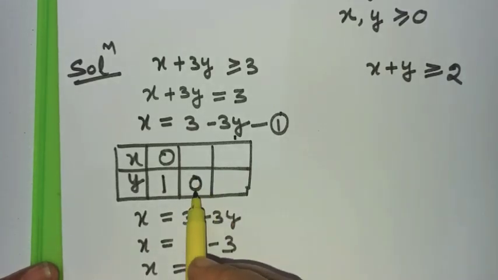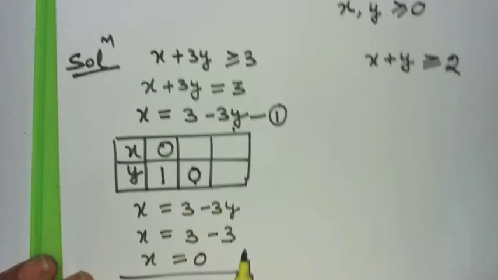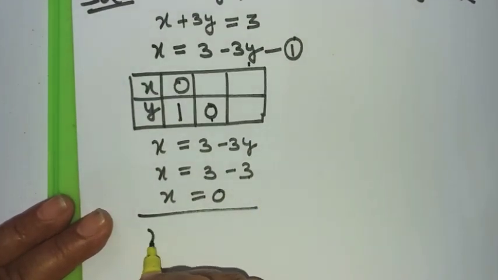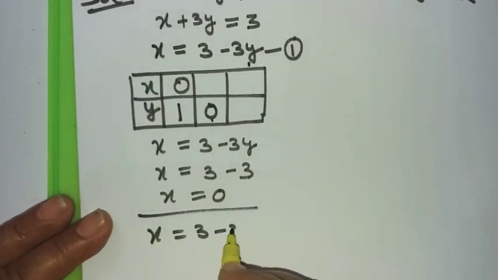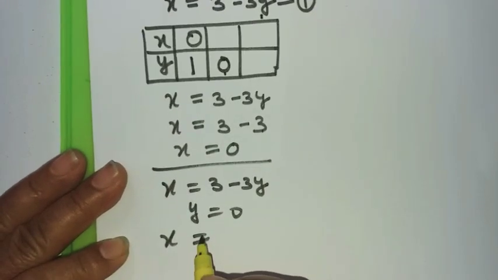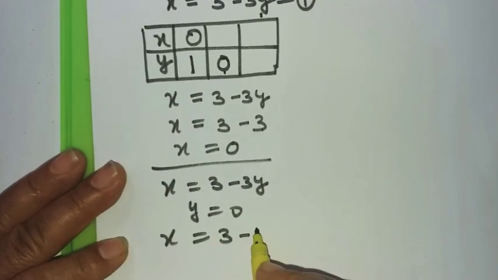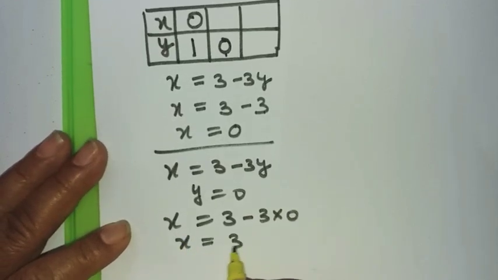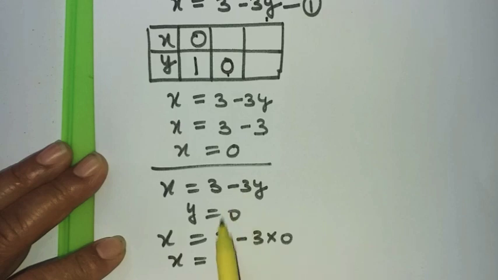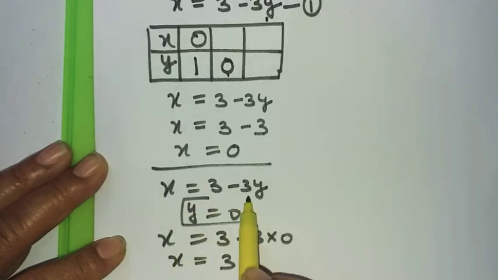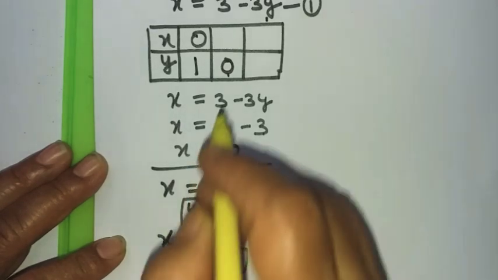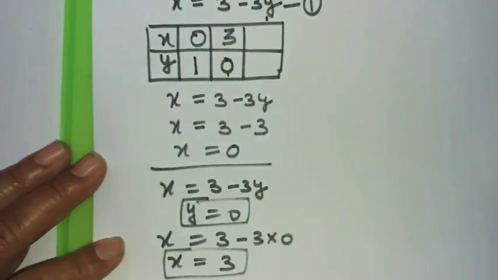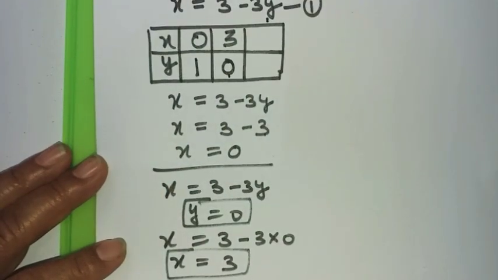I substitute y equal to 0 in equation 1, so x equal to 3 minus 3 into 0, that is x is equal to 3. So, when y was taken to be 0, x was 3. So, I got another set of values, 3, 0.